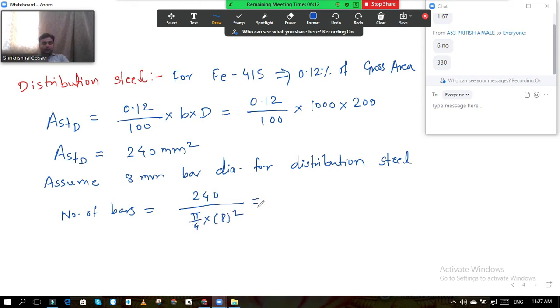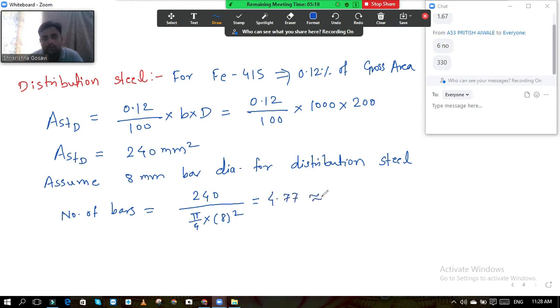How many bars are required? 4.77. Okay, so it is 4.77.